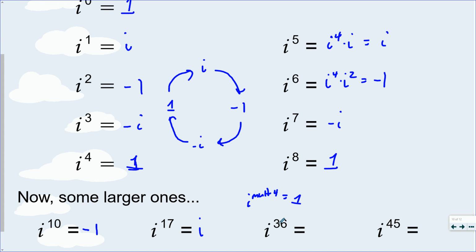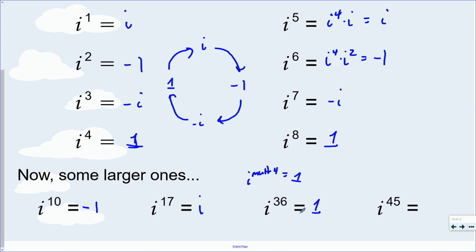So i to the 36th power. Well, 36 is 9 times 4. This is a multiple of 4. Automatically, we know that's equal to 1. So i repeats on a cycle of 4 instead of, say, negative 1 raised to these powers, which repeats on a cycle of 2.